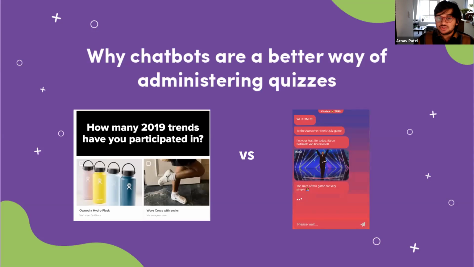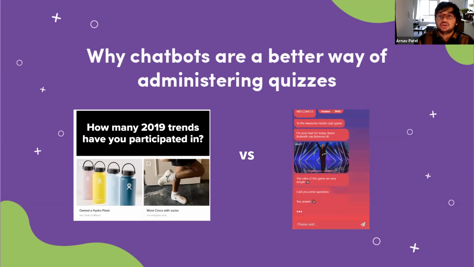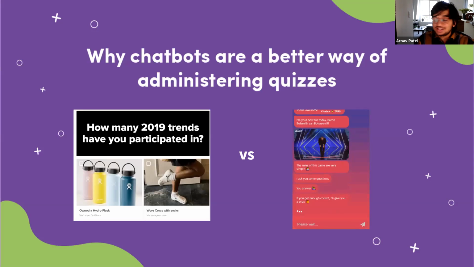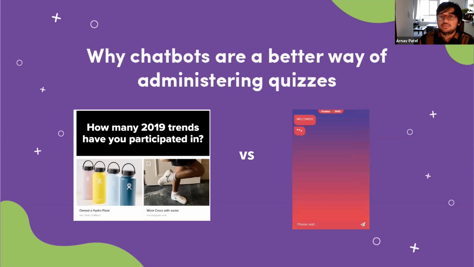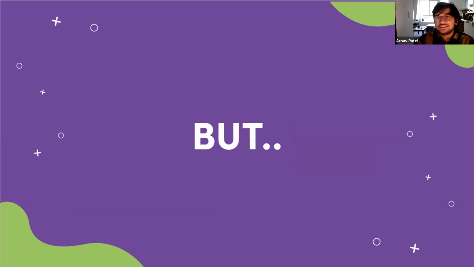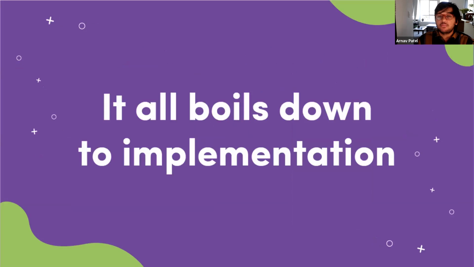Now, all of that value is great. Quiz chatbots are a great way to capture user attention, a great way to get people to actually complete interactions, and to get them to do something at the end, share their email, redeem a coupon. But as always, the value that you see from this technology all completely boils down to implementation.